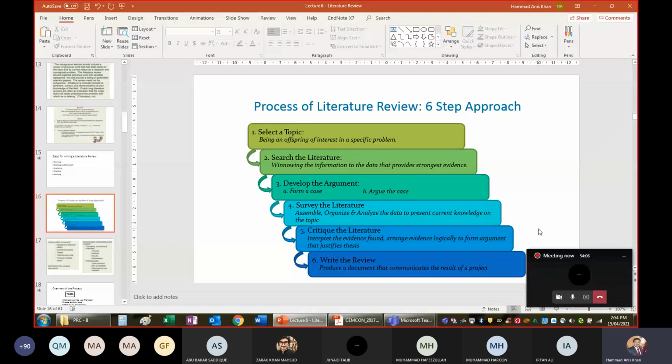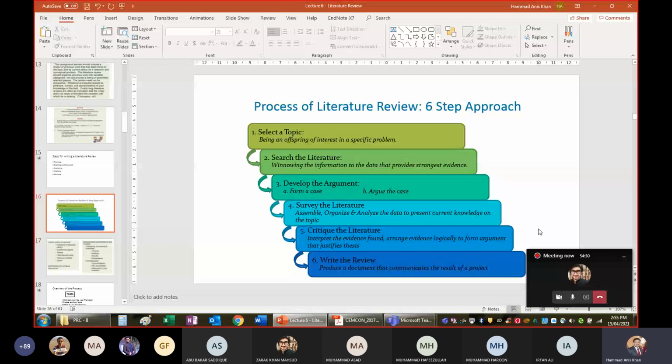and so you have to select a topic. So the process is very straightforward. The first step is you have to select a topic, being an offspring of interest in a specific problem. So when you have a problem in mind, you can select a topic, what you are trying to solve.